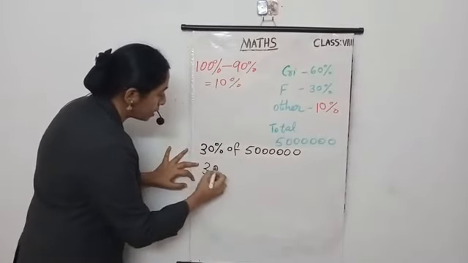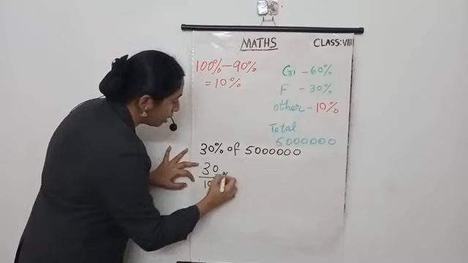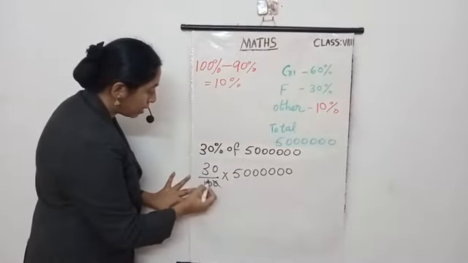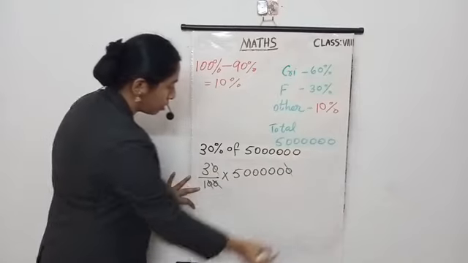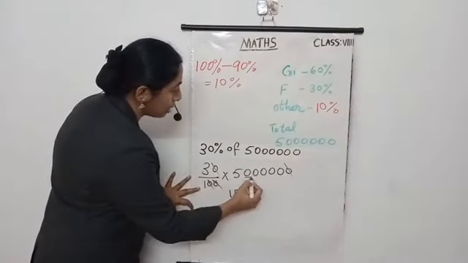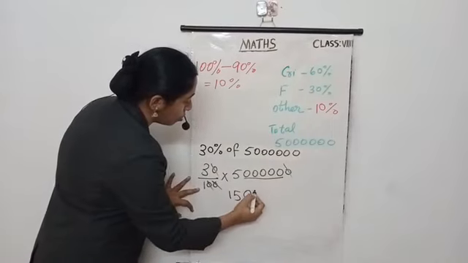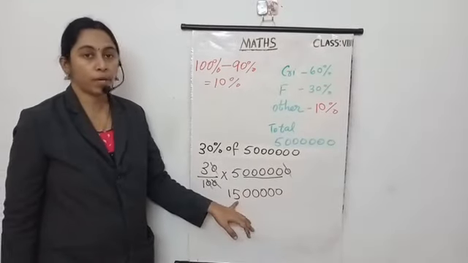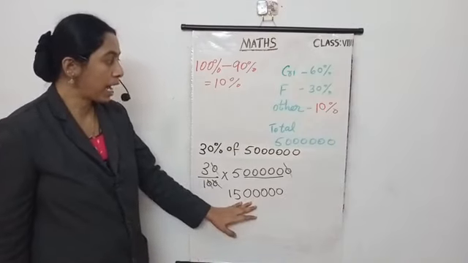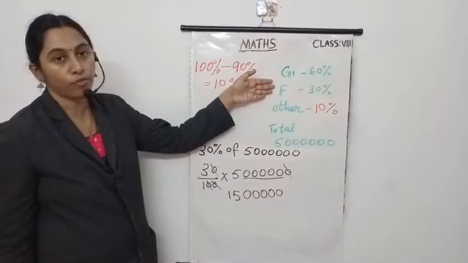Now this is 30 by 100 into 50 lakh. Now we can cut 100 in 0, 0, here 0. Okay. Now 3 into 5, 15 and remaining this 0. So this becomes 15 lakh. That is 15 lakh people like football.